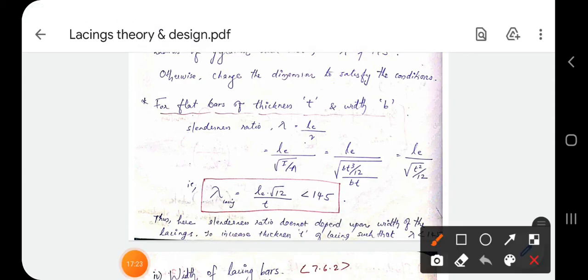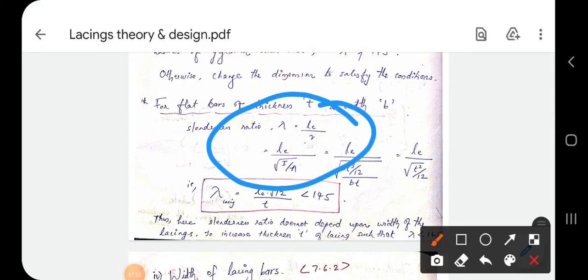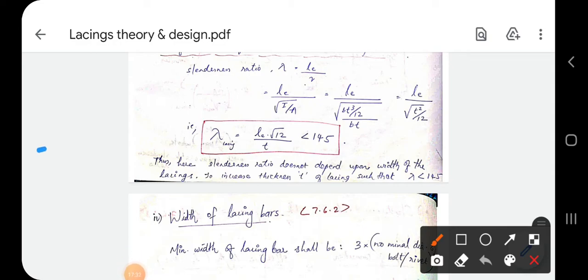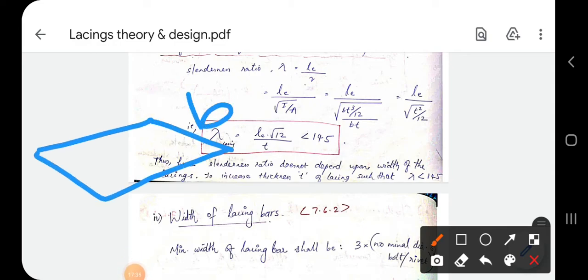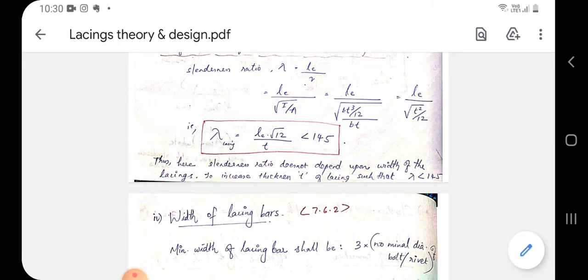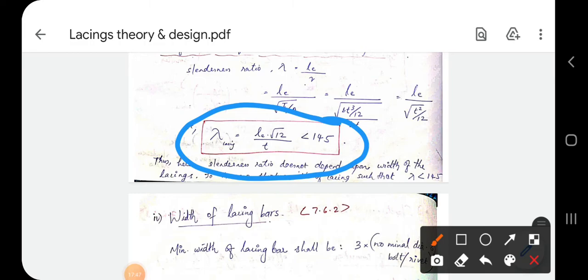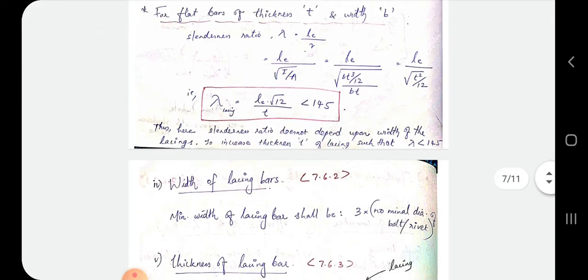For lacing members, slenderness ratio lambda is equal to Le by R. Substituting the radius of gyration for a flat member, a rectangle of width B and thickness T, the slenderness ratio lambda reduces to Le root 12 by T. We don't have to find the radius of gyration by equation; we can get the direct slenderness ratio equation for a rectangular lacing bar: Le root 12 by T, and it should be less than 145.